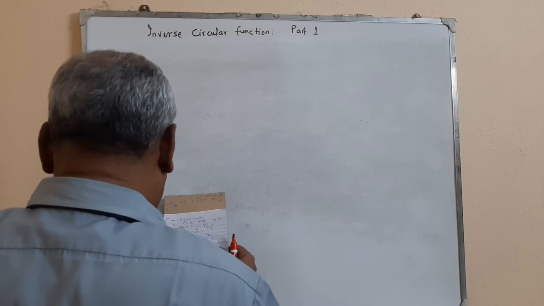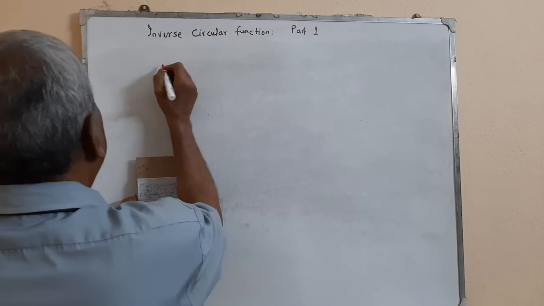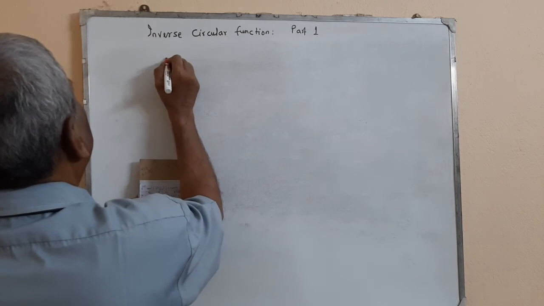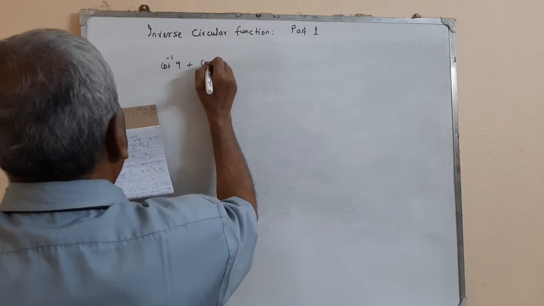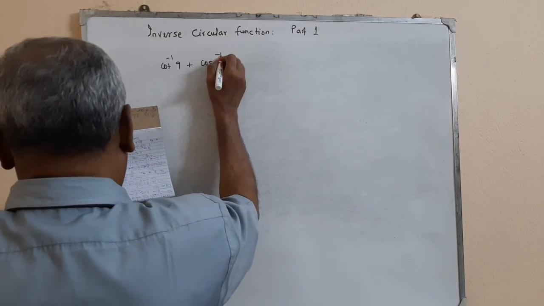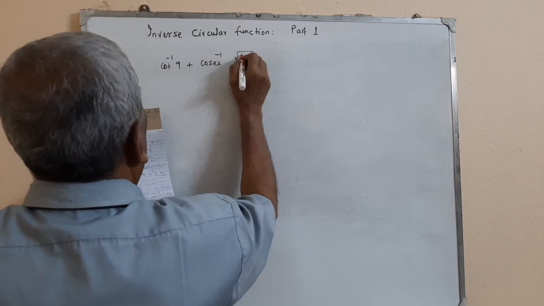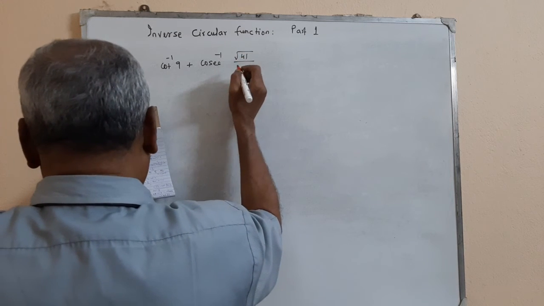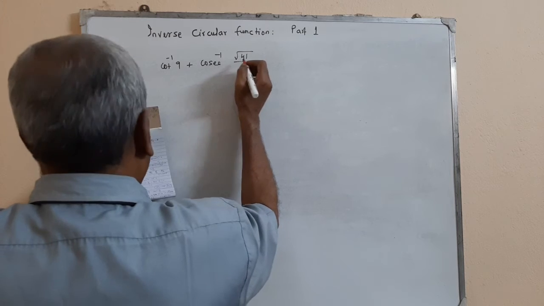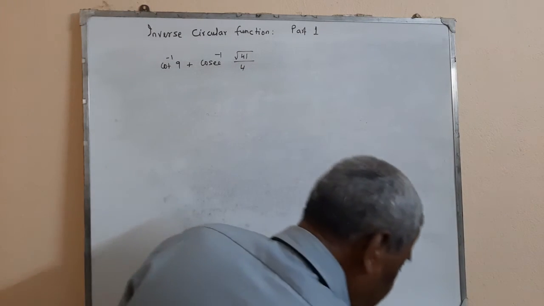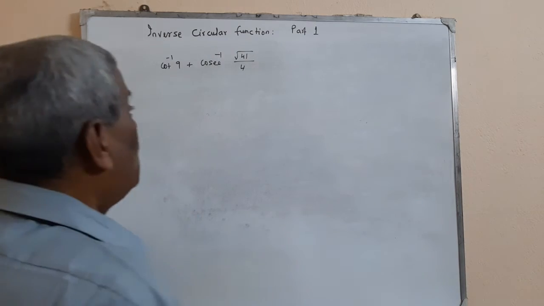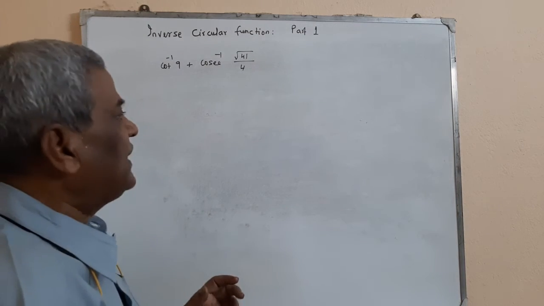The value of cot inverse 9 plus cosec inverse root over 41 by 4. We have to add them. One is cot inverse, other is cosec inverse.